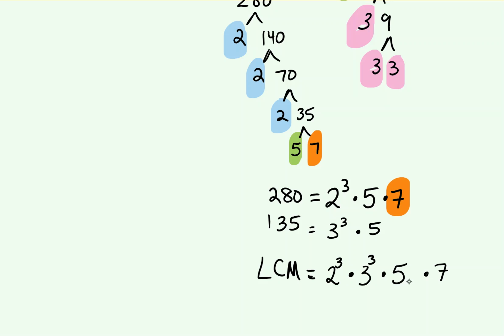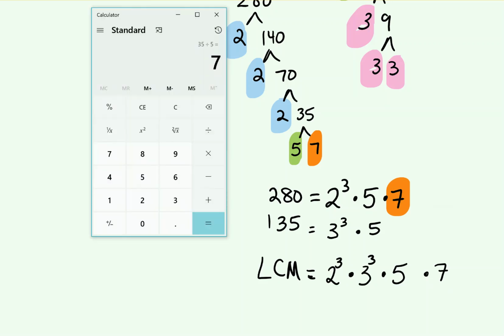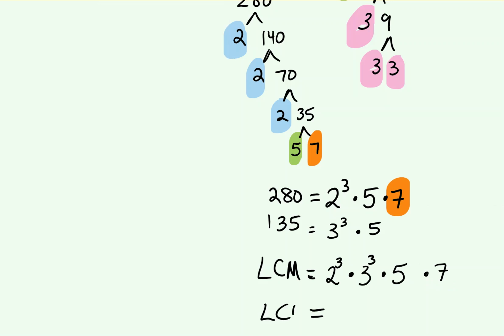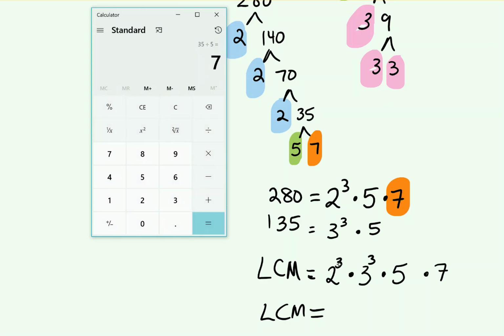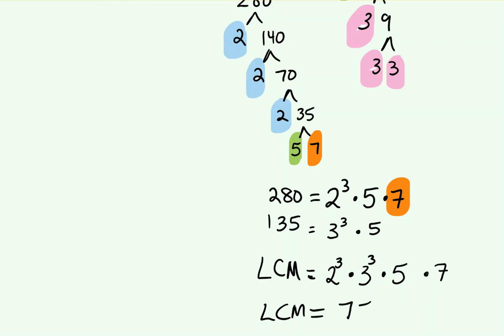So this is the prime factorization of the LCM, and let's multiply them to figure out exactly what this would be numerically. So 2 cubed is 8, so that would be 8 times 3 cubed, which is 27, times 5 times 7. So the least common multiple is 7,560.